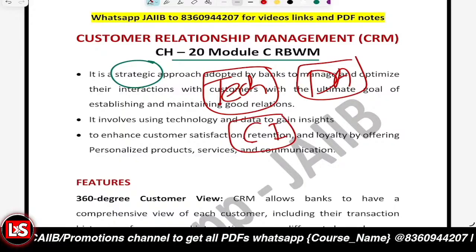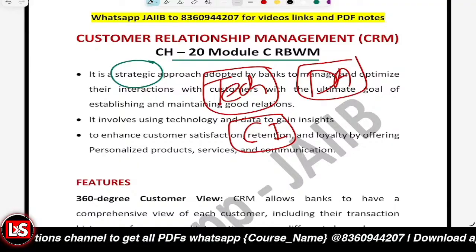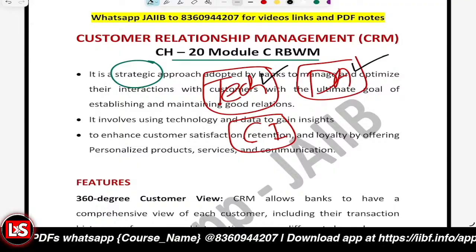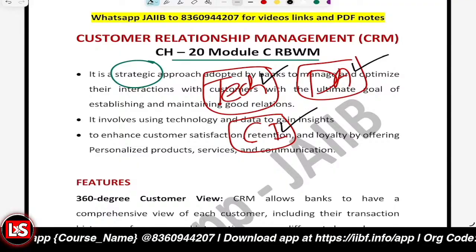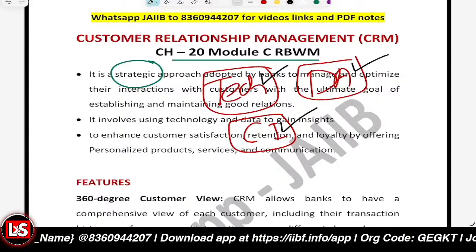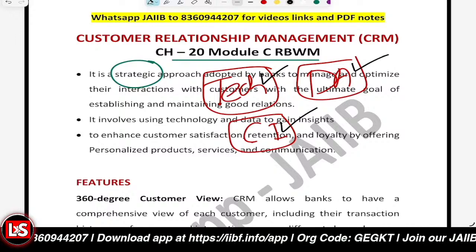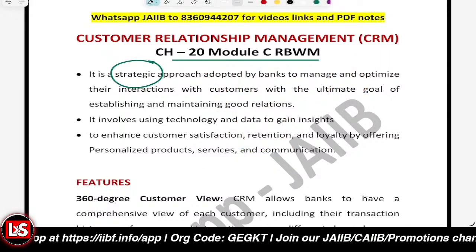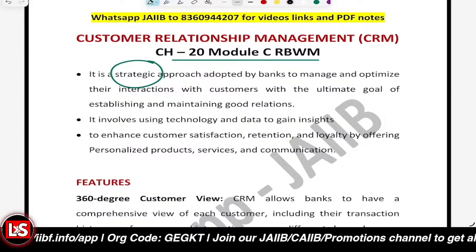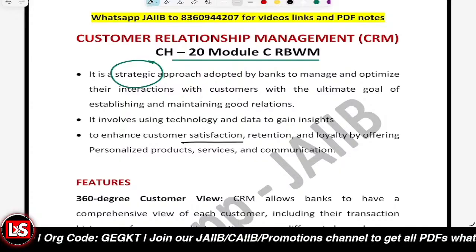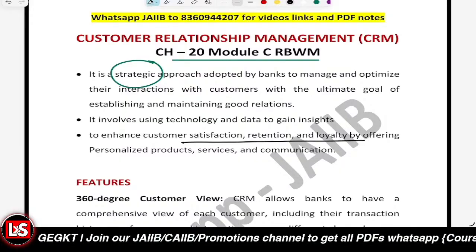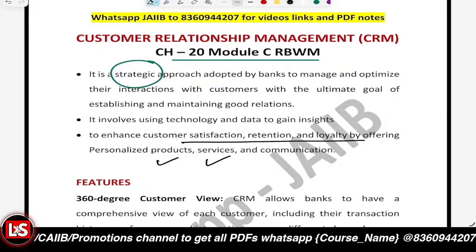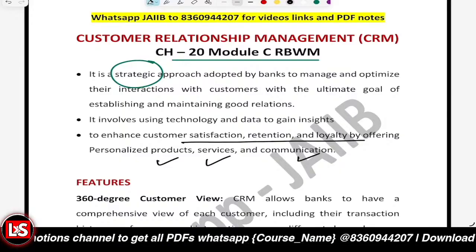These three things are used to make CRM possible. It helps banks enhance satisfaction, retention, and loyalty in the customers, because we offer them personalized product services and communication in the delivery channels.